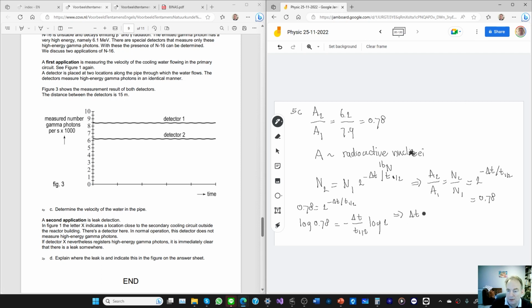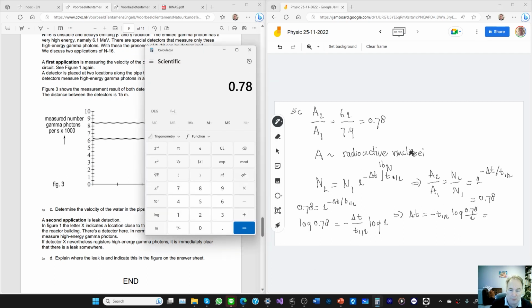So delta T is T 1/2 times log 0.78 divided by log 2, with a negative sign here. So it's 0.41 times T 1/2.